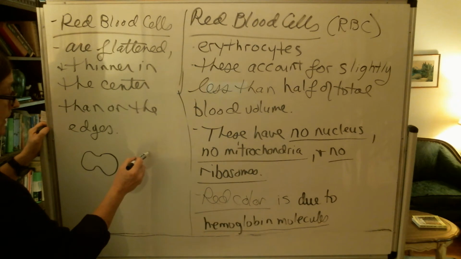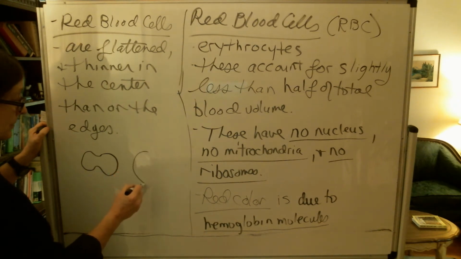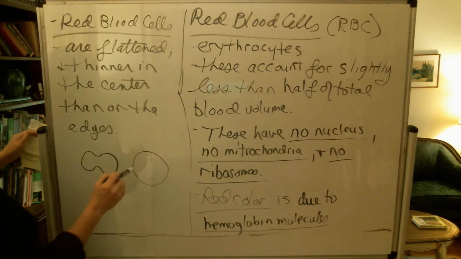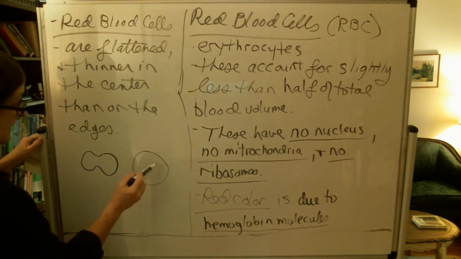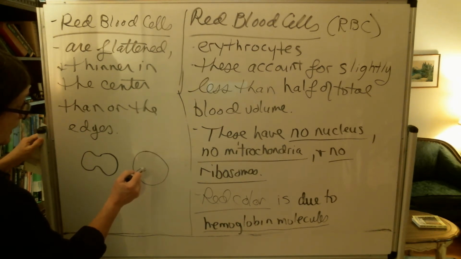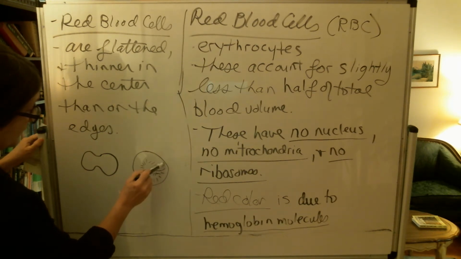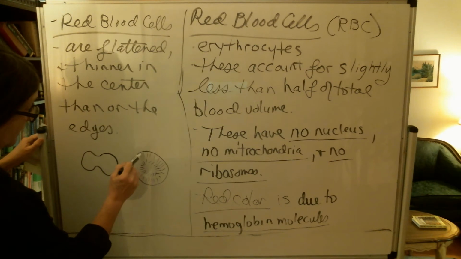Normally, when you look at red blood cells in a microscope, you are seeing them from above. And in that case, what you wind up seeing usually is sort of a lighter center, and then a bit of a darker outside, kind of like this.